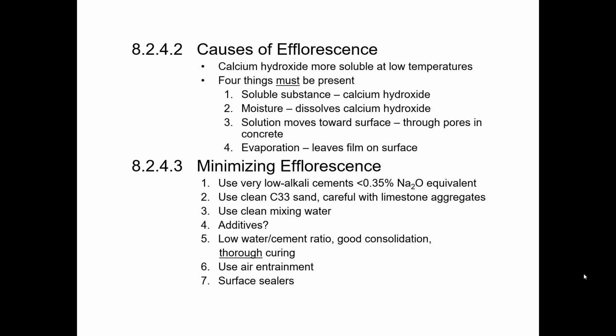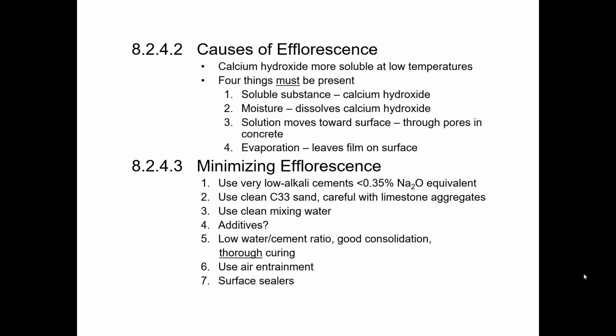You want to make sure you have a very low water cement ratio and good consolidation and thorough curing. And hopefully those things are obvious when you think about them. A low water cement ratio means overall you have less water, which means fewer voids once that water evaporates, and it means less water to carry those calcium hydroxides to the surface in the first place.